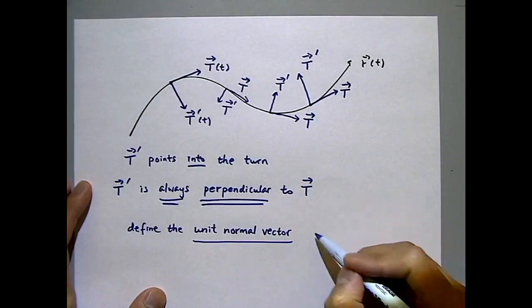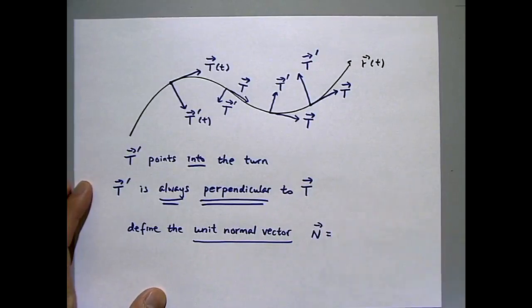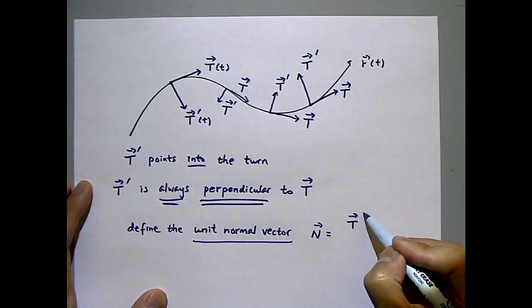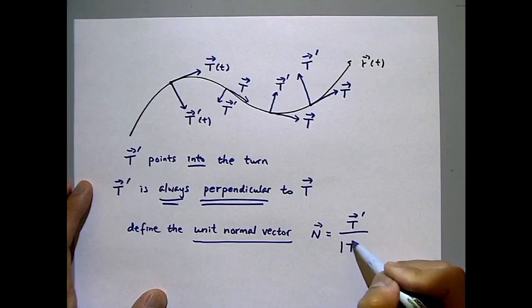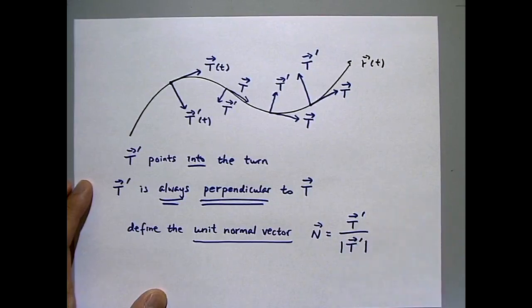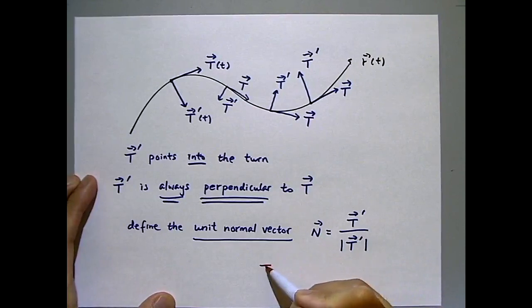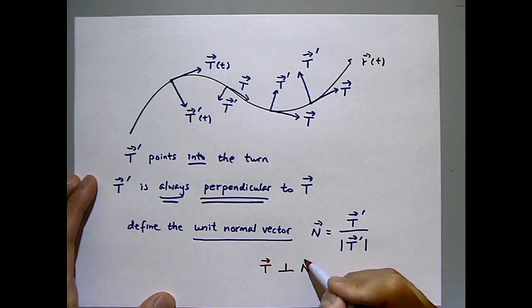The unit normal vector, capital N, is in the same direction as T prime, but to make it a unit vector, we divide it by the magnitude of T prime. And the relationship to always keep in mind is that T is always perpendicular to N.